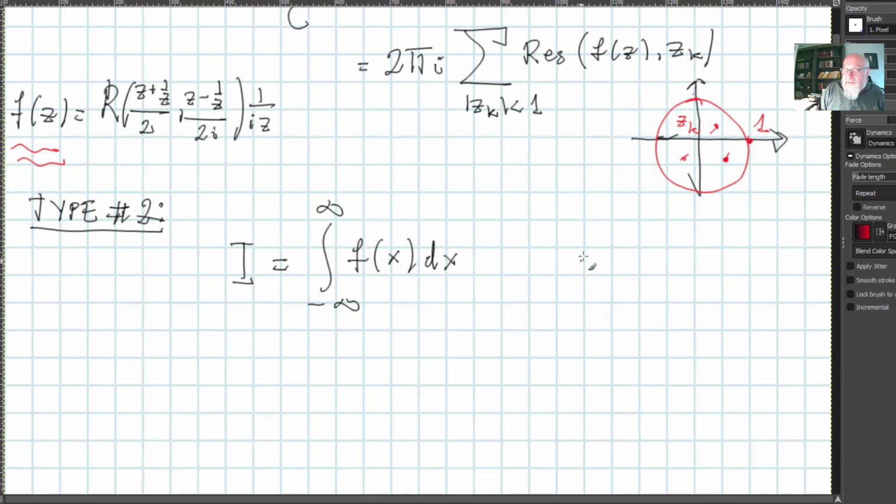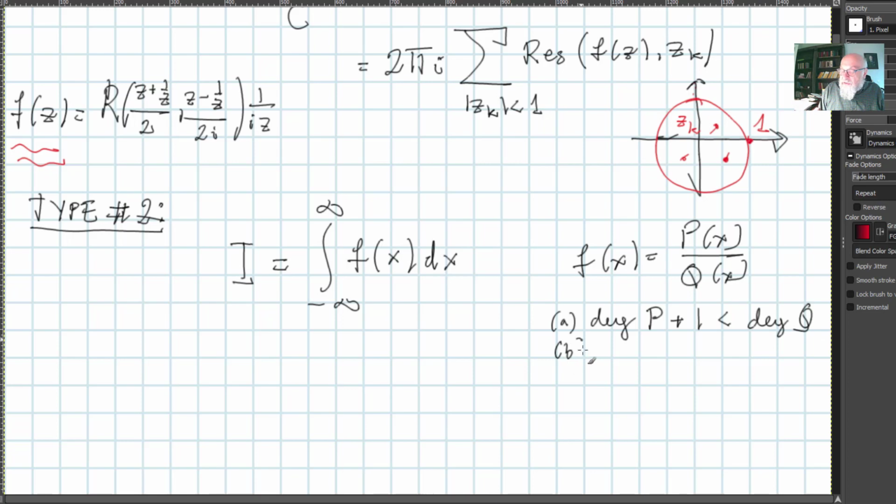Here f of x is again a rational function R of x, a polynomial p of x divided by q of x. We have here that the degree of p plus 1 is smaller than the degree of q, so that's my first assumption. B, that q of x is never 0, and that's it.